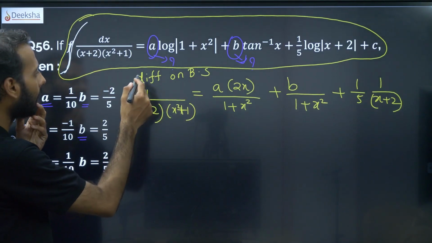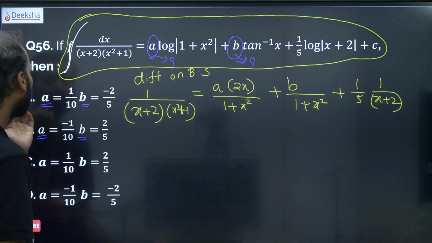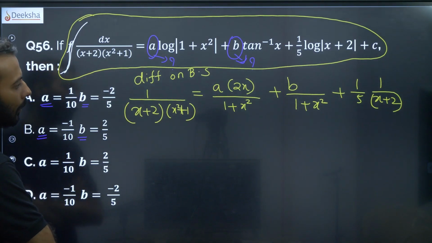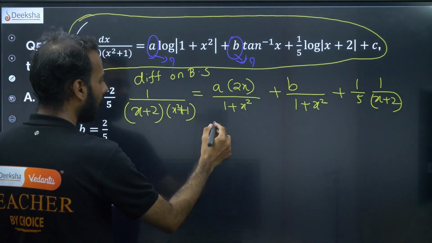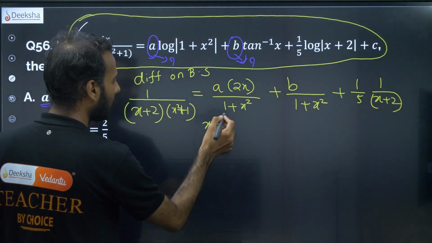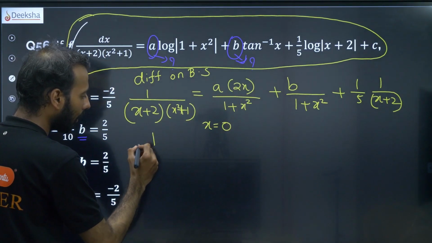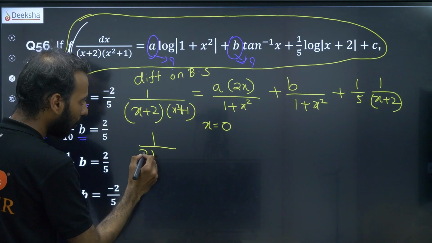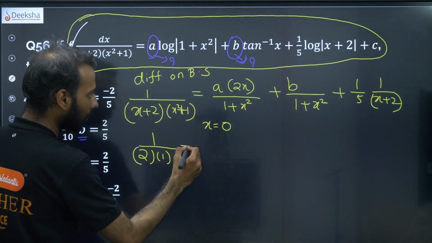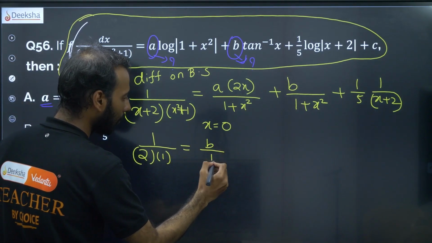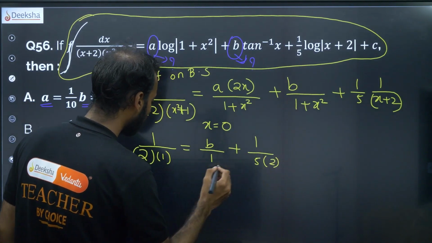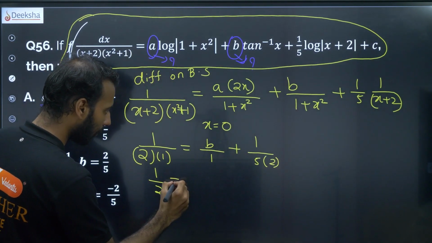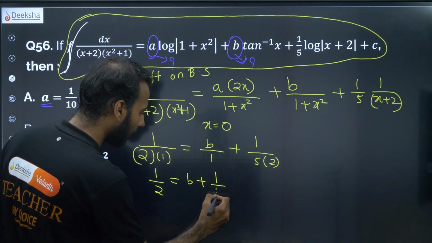Next, what is the task? A and B we have to find. To find B, substitute x equal to 0, so that these terms vanish. What are we left with? 1 by 2 is equal to B by 1 plus 1 by 5 times x plus 2 at x equal to 0, which is 1 by 10. So 1 by 2 is equal to B plus 1 by 10.